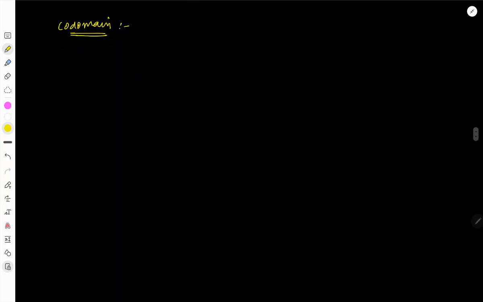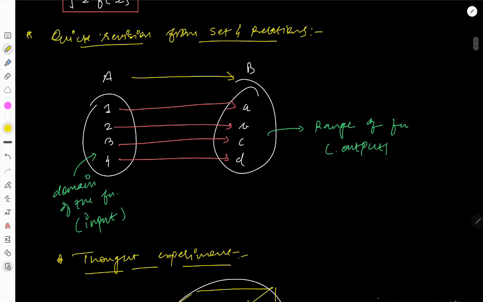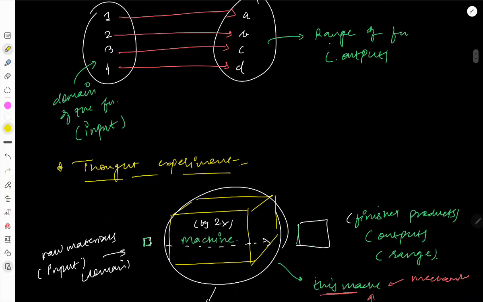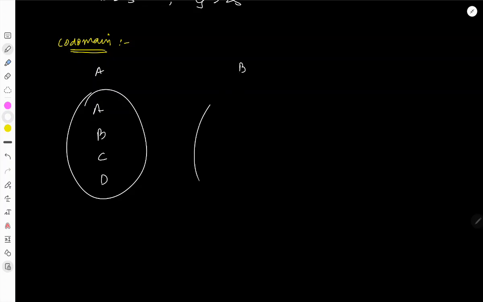What is the codomain? The example I took over here was the one where the range and the codomain matched. But sometimes, this is set A that has elements A, B, C and D. This is B which has elements small a, b, c, d, e.